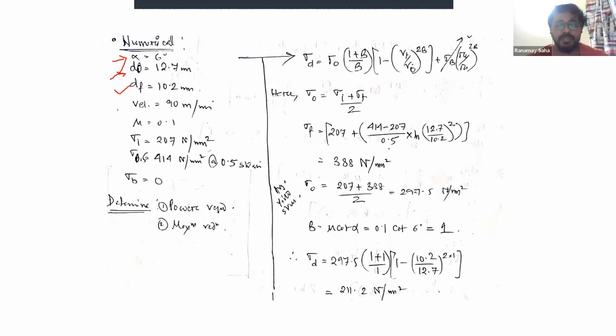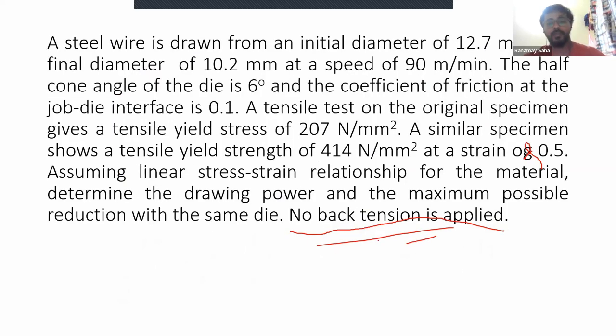The velocity of the drawing process was 90 meters per minute, the coefficient of friction was 0.1, sigma initial was 207 as found from the tensile test, and at a particular strain of 0.5 it was 414 megapascals. Back tension was 0, as given.